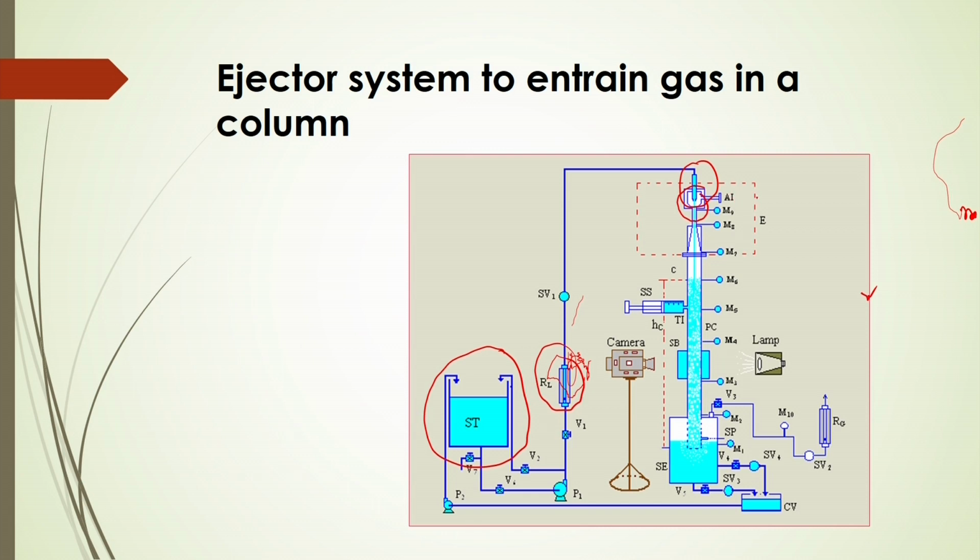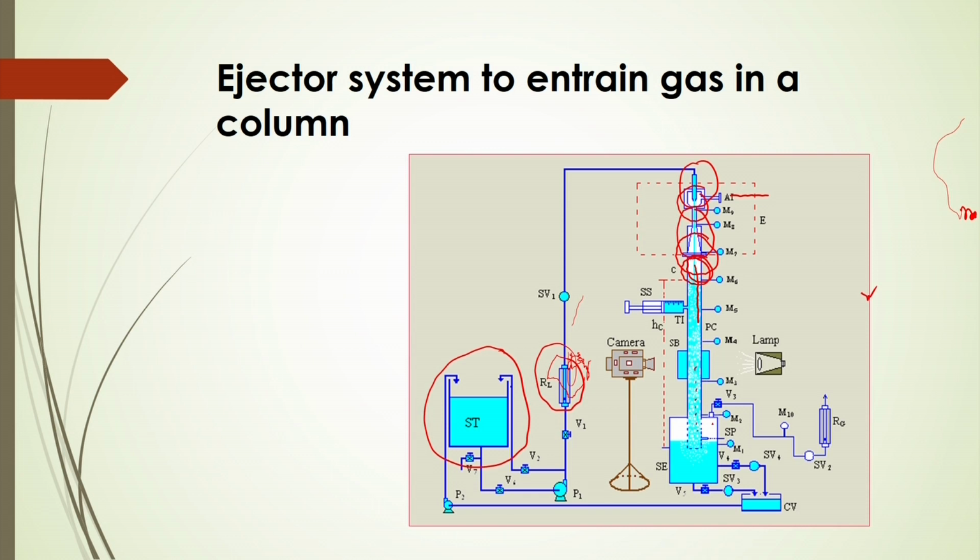In this suction chamber, air will be automatically sucked by the liquid jet, and then it will pass through this ejector system, where the liquid jet will be coming in contact with the pool of the liquid in this section, and it will produce finer bubbles, and those bubbles at this location will be intermixing, and then due to the downward movement it will go downward up to the separator.